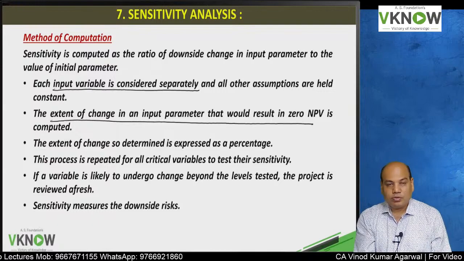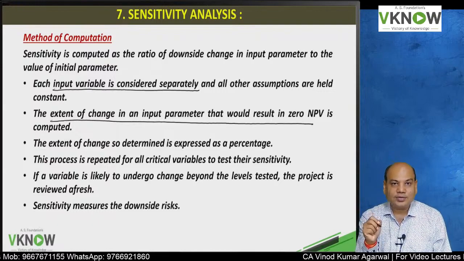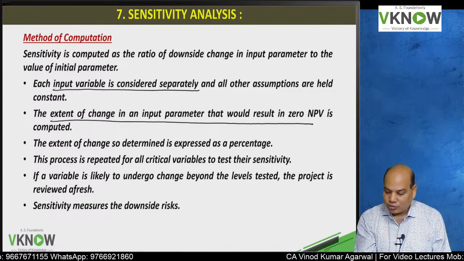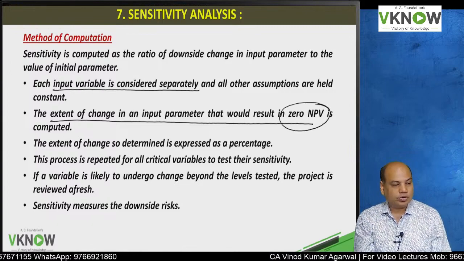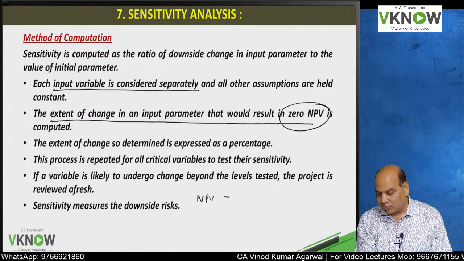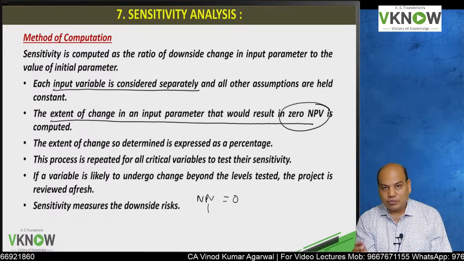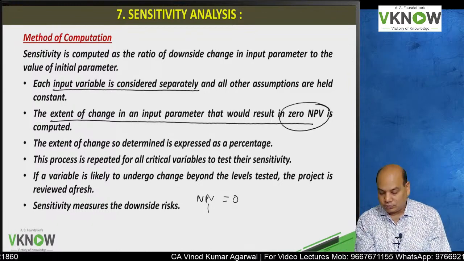What we have to do is find out what should be the value of that variable at which NPV will be 0. So it's a reverse working problem. NPV should be 0 and you have to find out the respective variable at which NPV will be 0.